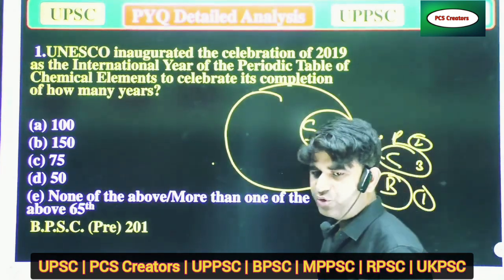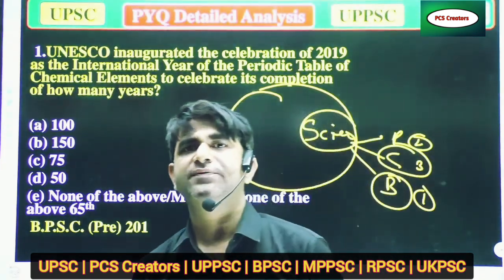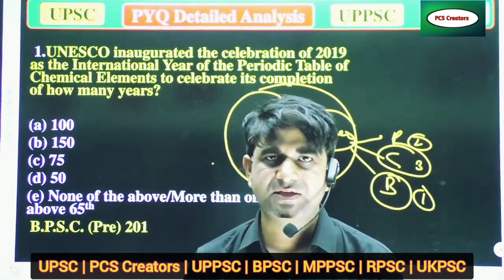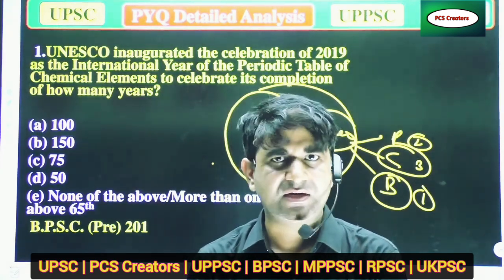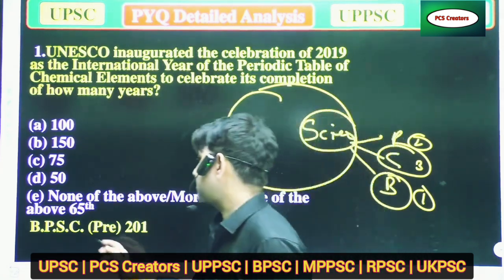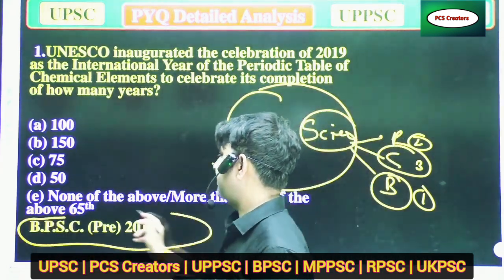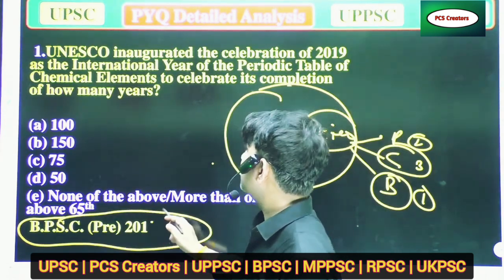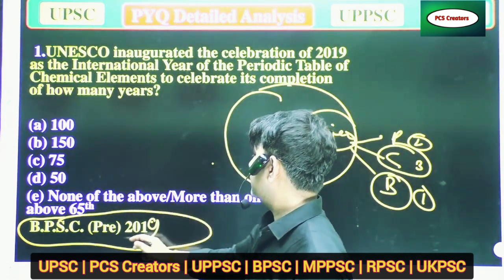It was a current affairs question, but because it has some aspects of science, I have taken that question from that series. It was asked in the BPSC Bihar, I think in 2019.